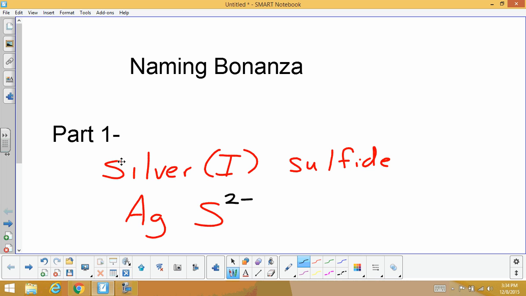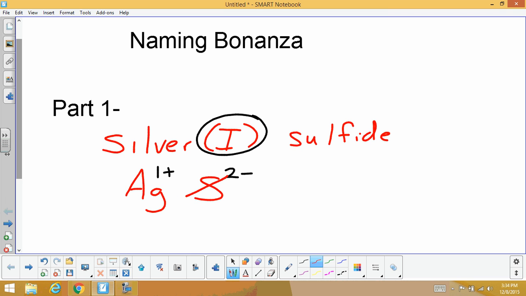And silver, since it is a transition metal, we use the Roman numeral. So the Roman numeral there is 1+. So we have silver being 1+, sulfur being 2-. Now from here, we cross over.